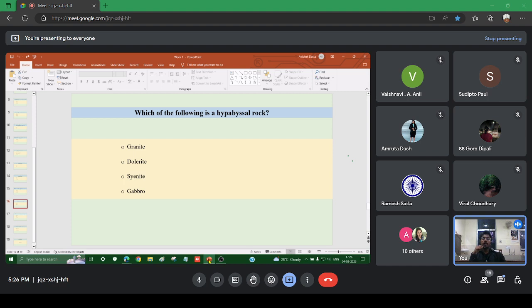The options are granite, dolerite, syenite, gabbro. I'll go to the next question.